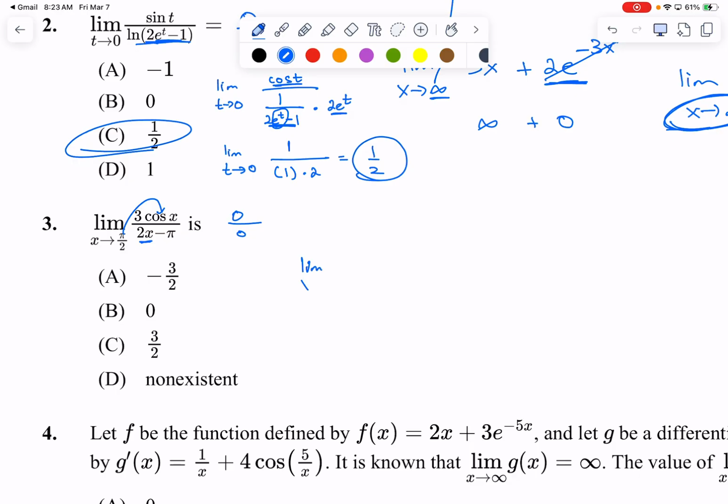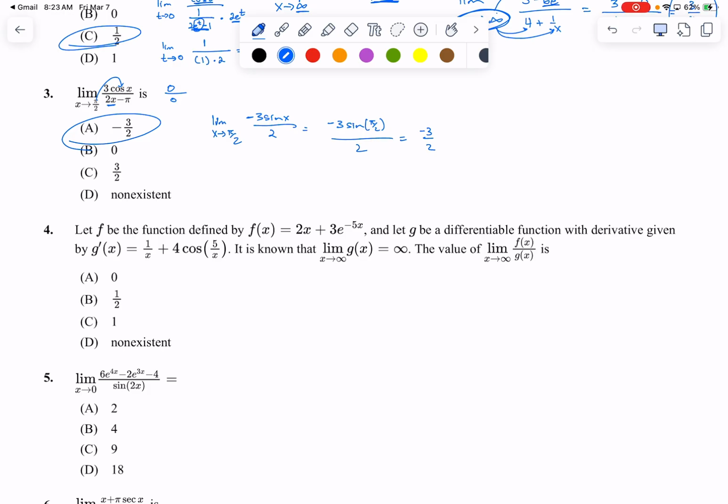So we're going to have the limit as x approaches pi over 2 of -3 sine x over just 2, right? Yeah. So we're going to have -3 times sine of pi over 2, doing direct substitution, divided by 2. What's sine of pi over 2? Sine is the y. So what's sine of pi over 2? 1. So we're going to have -3 times 1 is -3, so it'll be -3/2. The answer is A.